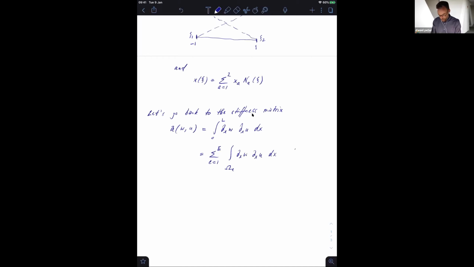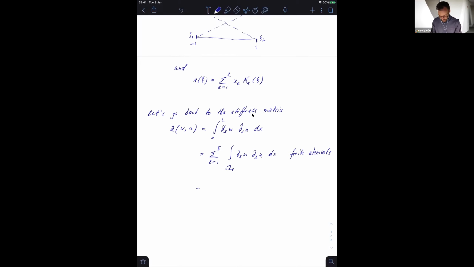So this would be still using the finite elements in the physical domain. But just once we have the domain discretized into elements, then we can write the integral as the sum over the contributions from each element.